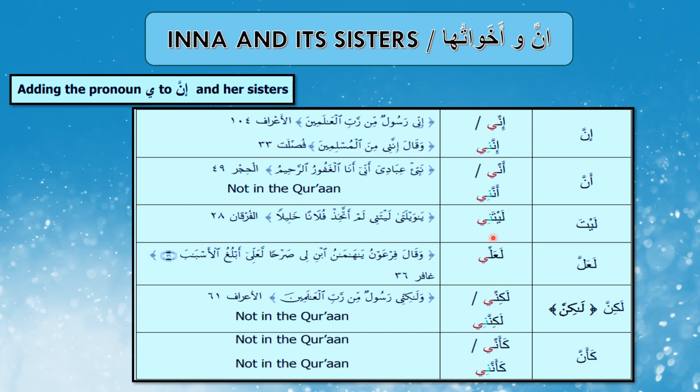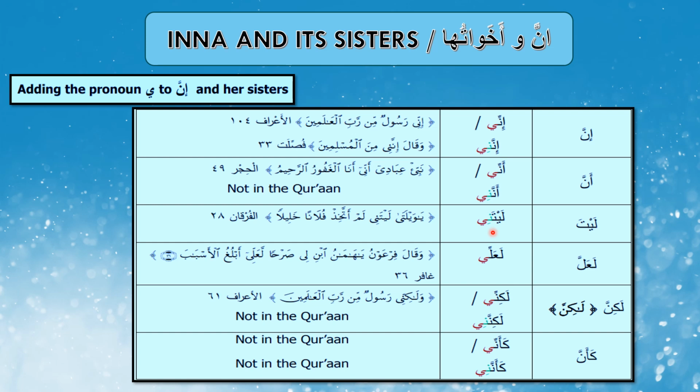You can find this in the Quran in Surah Naba, the last ayah, ya laytani kuntu turaban. So you can see this laytani. It's an impossible wish. The kafirs will say, ya laytani kuntu turaba. We hope that we were dust, but they cannot be. They have to be in the hellfire. They have to taste the adhab. So it is an impossible wish.